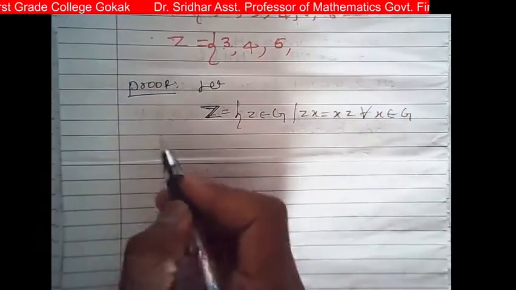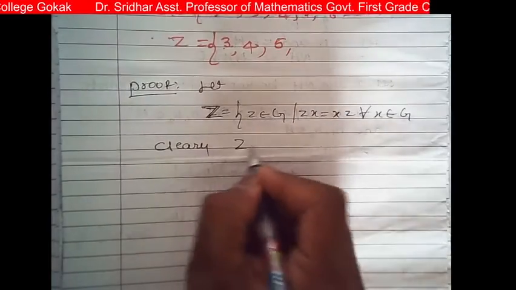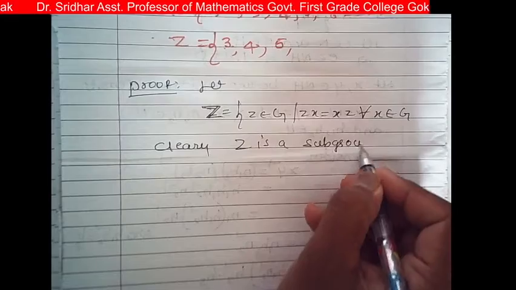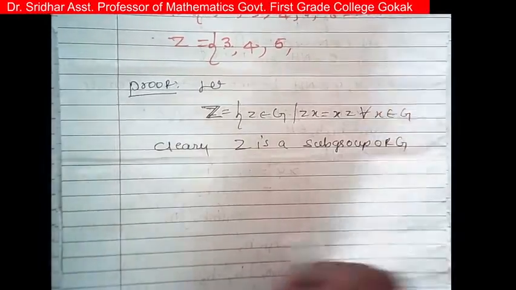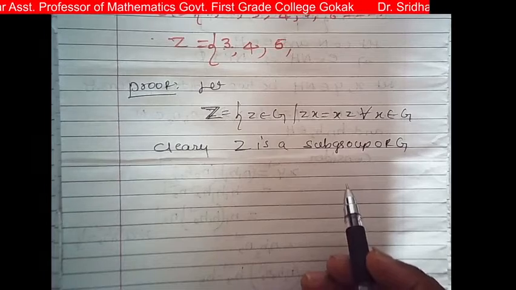So next, clearly Z is a subgroup of G, because xy inverse belongs to that set. No need to prove that.